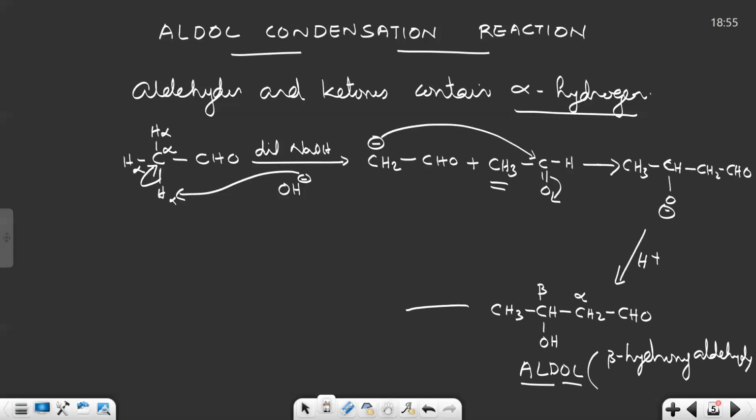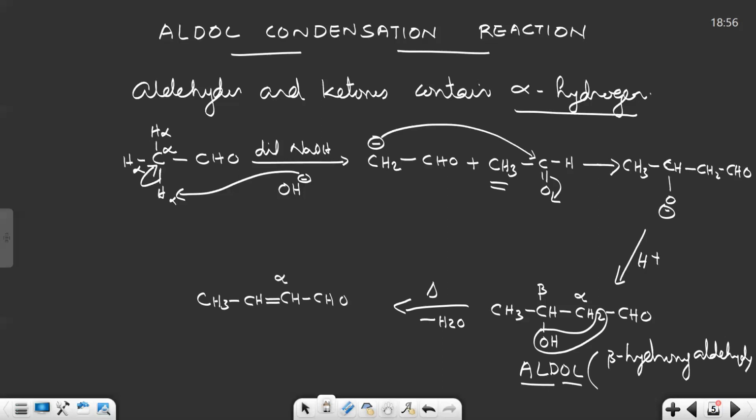Now on heating, one molecule of water will be removed. This is OH and one of the hydrogen atoms here gets removed as a water molecule. That is why it is known as the aldol condensation reaction. So aldol is formed in the third step. Now in the last step, when you heat, one molecule of water gets removed. So, the name aldol condensation reaction: you are getting CH3, CH, double bond, CH, CHO.